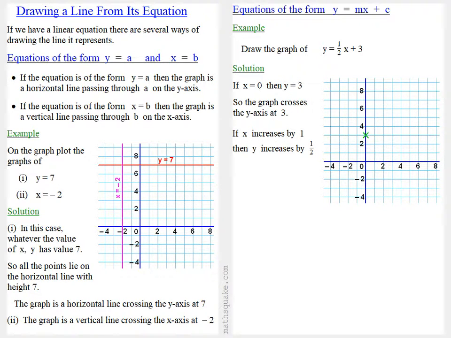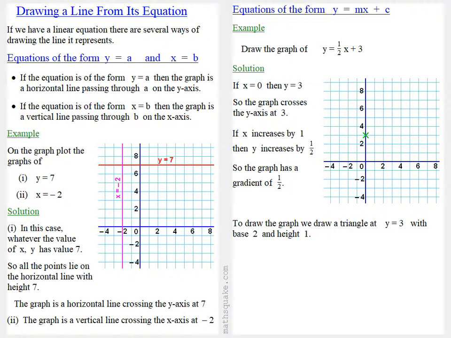Also, if x increases by 1, then y increases by a half. So the graph has a gradient of a half. So to draw the graph, we draw a triangle at y equals 3 with base 2 and height 1. We then draw the line up the hypotenuse of the triangle. And that gives us the graph.